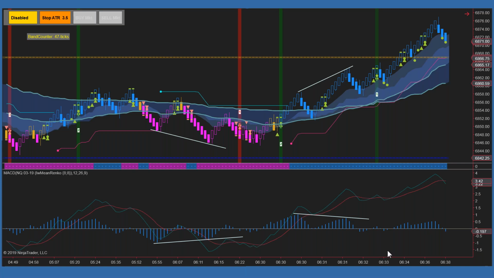Here's a little MACD observation from Anthony. Anthony says the 0 point in the MACD means if the trend shows below the 0 point, everything is in a downtrend and vice versa. So as I mentioned before, the histogram, which are the bars that you see here, show you where the MACD crosses occur in a different format.